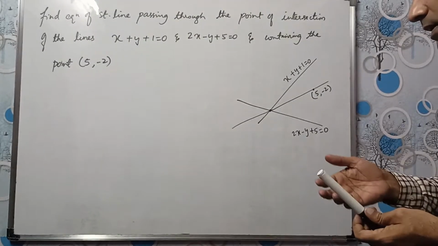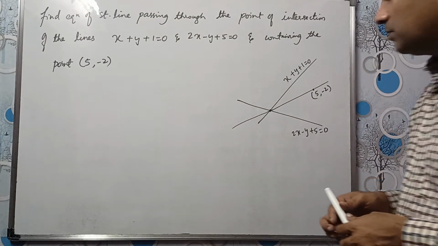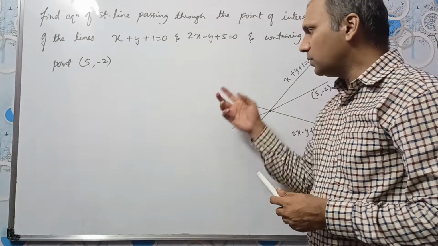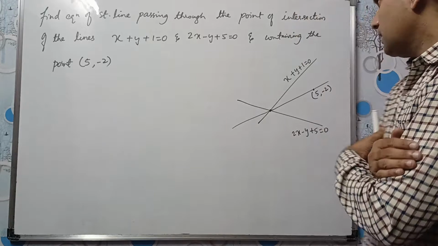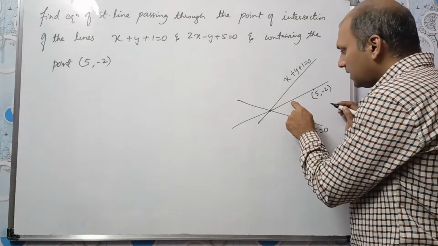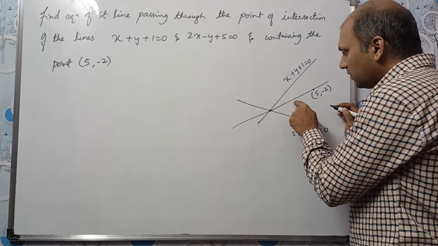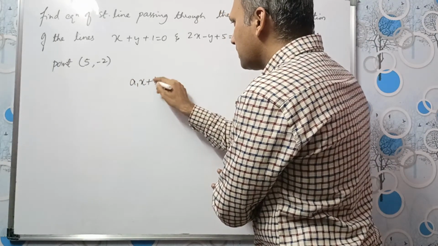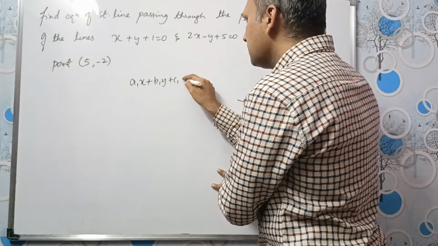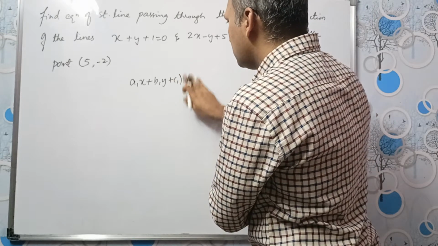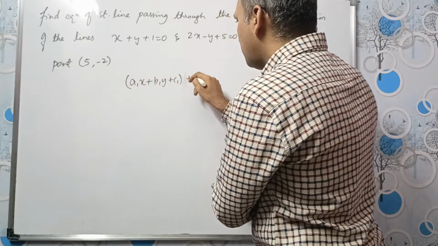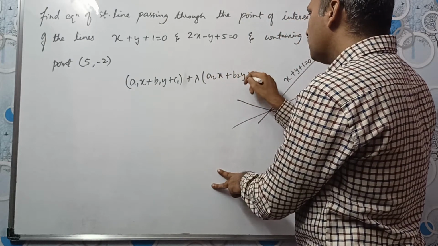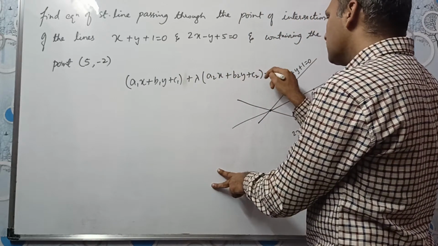There are many methods of solving this problem. In your syllabus, you can do this in two methods. We'll do those two methods. Just now we have studied that the equation of this straight line will look like this: a1x plus b1y plus c1 plus lambda times a2x plus b2y plus c2 is equal to 0.